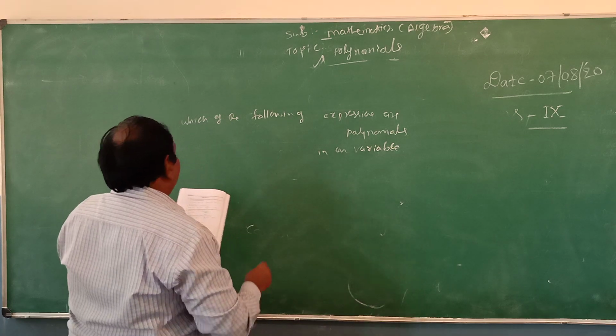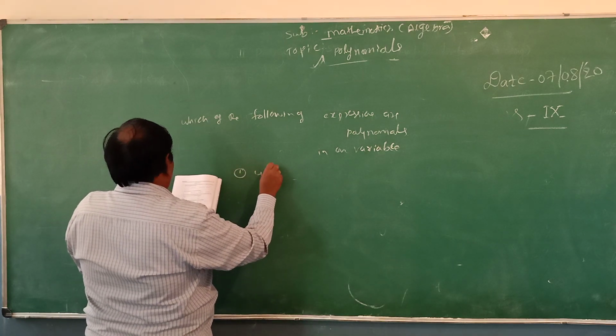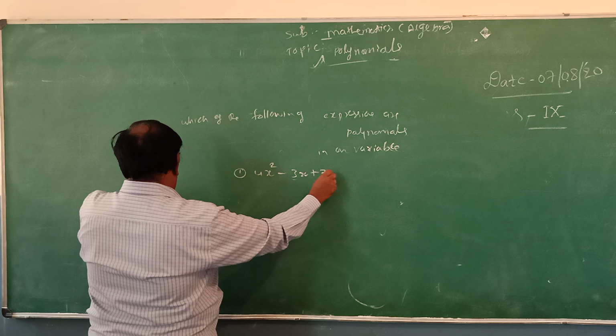State reason. First one is 4x square minus 3x plus 7.